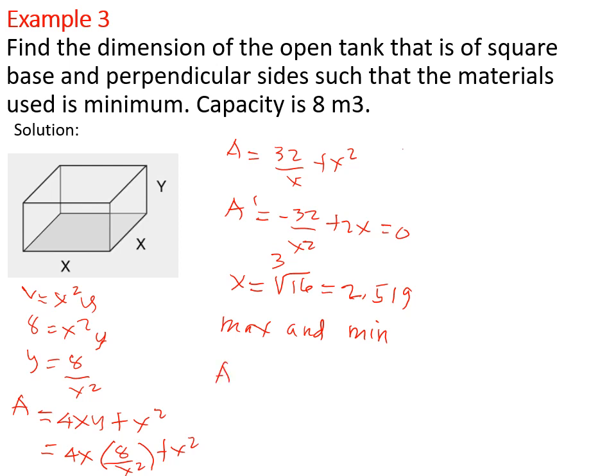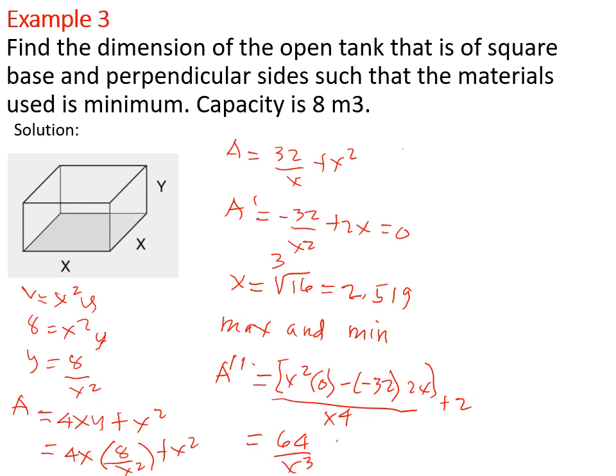A double prime is equal to x squared times 0 minus 32 times 2x all over x to the fourth, plus 2. So you have that A double prime equals 64 all over x cubed plus 2.